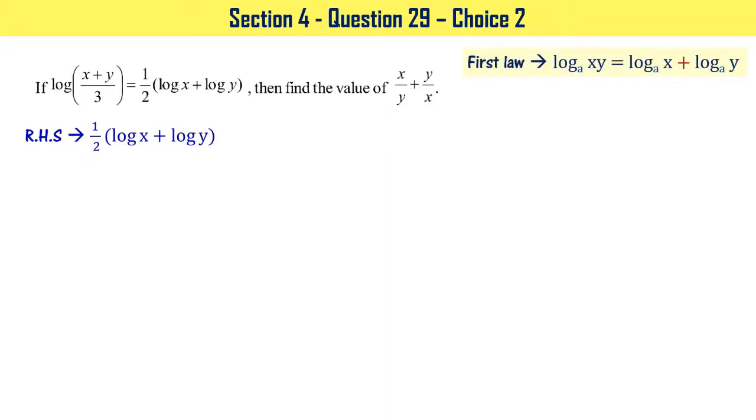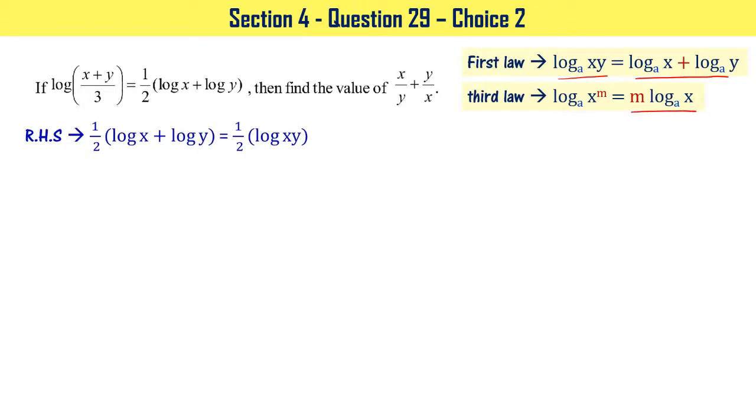We know the first law of logarithm states that log x plus log y equal to log xy, right? It means I can write it as half log xy. The third law says that m log x equal to log x power m. If you observe, half log xy can be written as log xy power half, right?